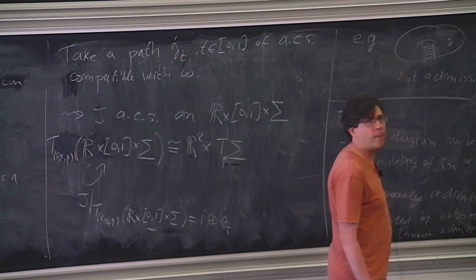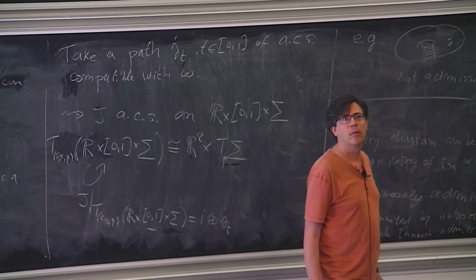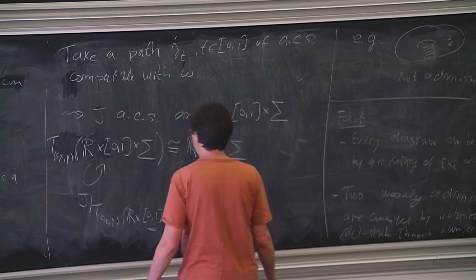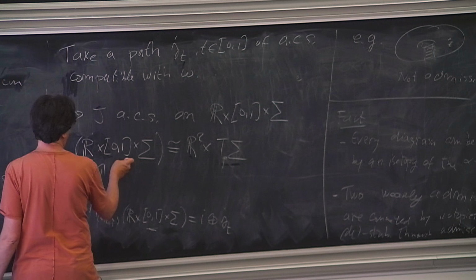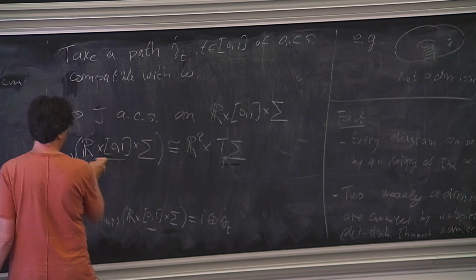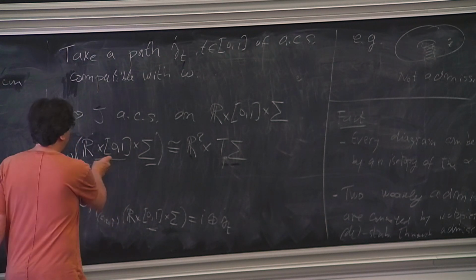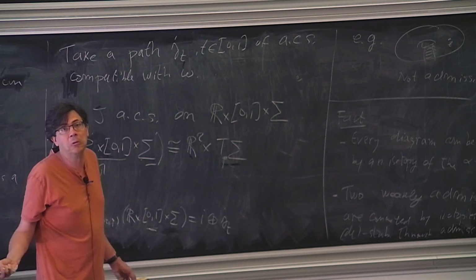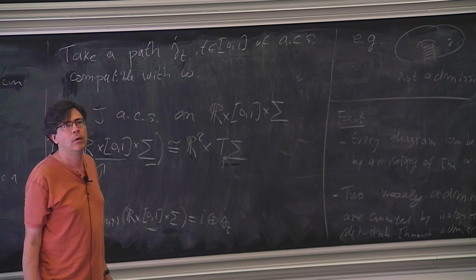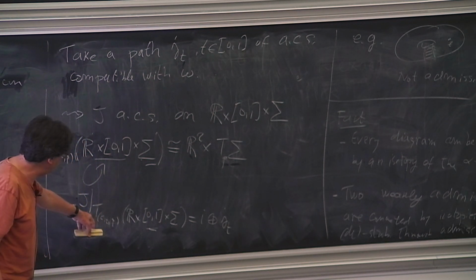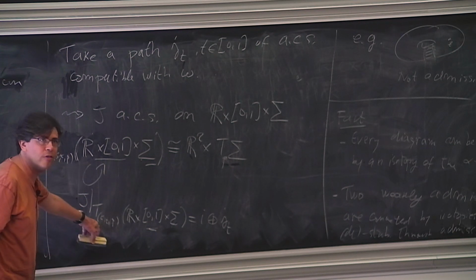It's an almost complex structure because it acts separately on this and on that, and the square both here and there is minus the identity. So big J is defined by this. This is the definition.